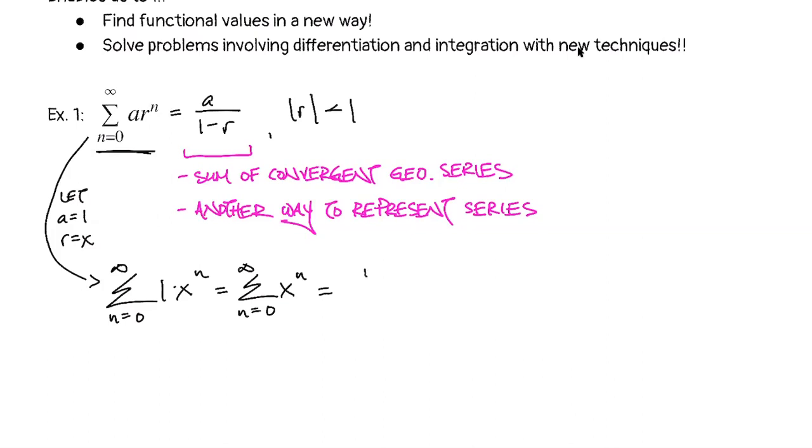Because a is 1, over 1 minus not r, but x. Exactly. With these substitutions, we're able to rewrite something that we know is true. Now, let's not forget about this part. We said if our common ratio is less than 1, we want to say if the absolute value of x is less than 1.